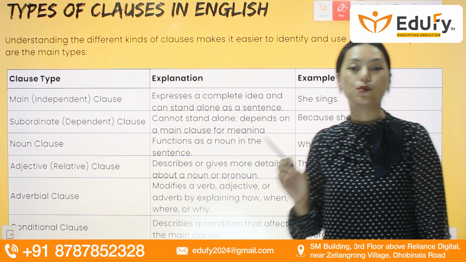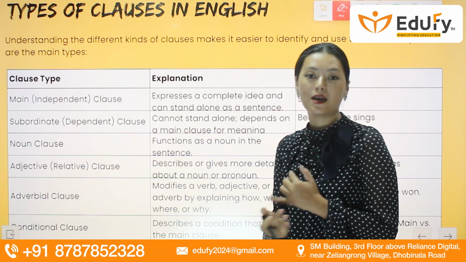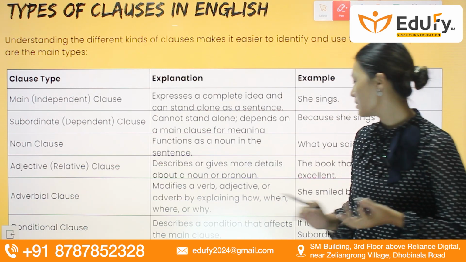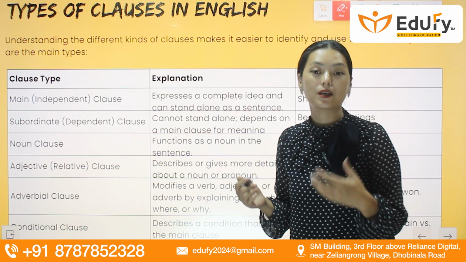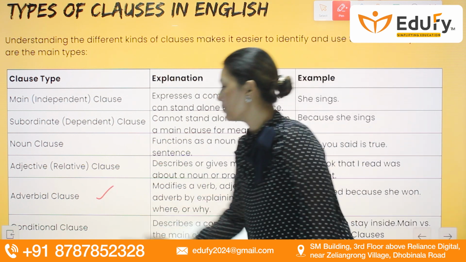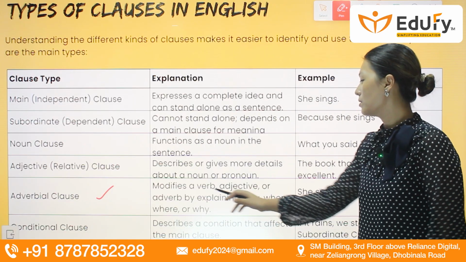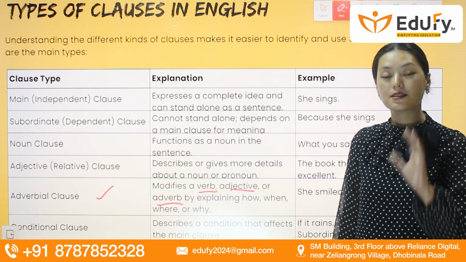How, when, where, or why. They answer the question of how something happened, when something happened, why something happened, or where the noun is or where the adjective is. So therefore, adverbial clauses talk about three things: verb, adjective, and adverb. That is the main thing.